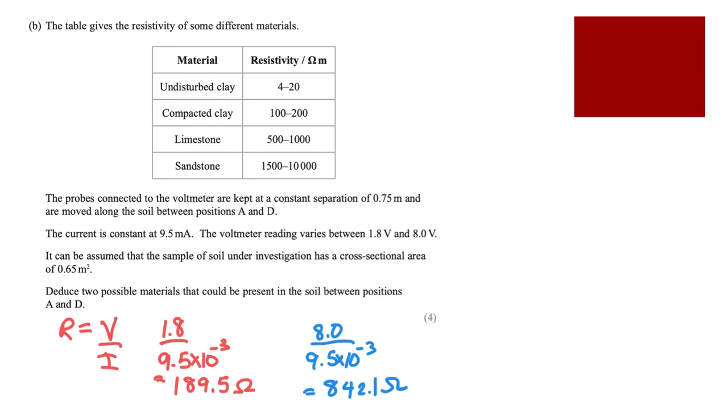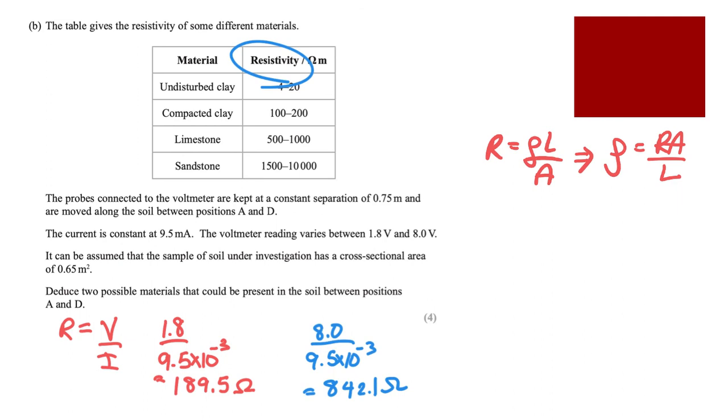Okay, so I've substituted the numbers in and I get these two different resistances. But that's not what the question's asked. It's asked about comparing with the metals, and I need resistivity. So let's go back to the equation that we started with, and I'm going to move it around for resistivity. And I'm going to put these values in and see what I get.